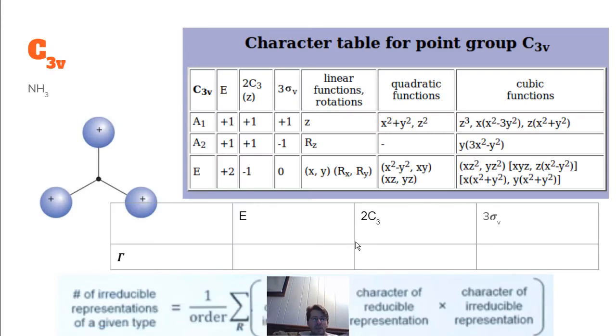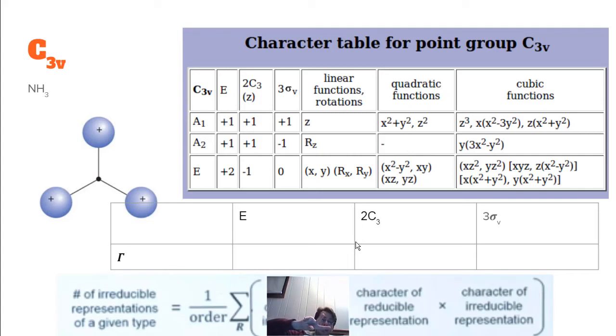So let's do it one more time. Let's do it for the hydrogens on an ammonia. All right, so we can see that for those three hydrogens, we do the identity. They're not going to move, so that's 3 of them. All right, and then we do a C3.